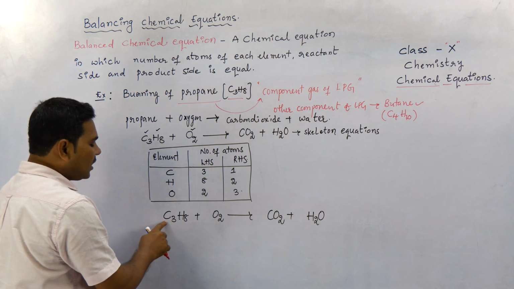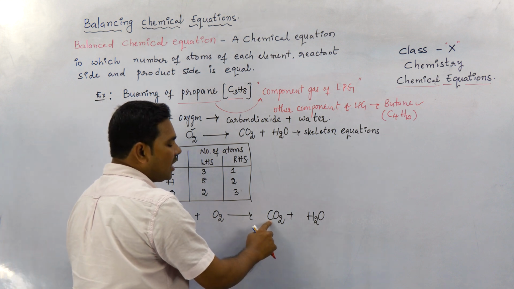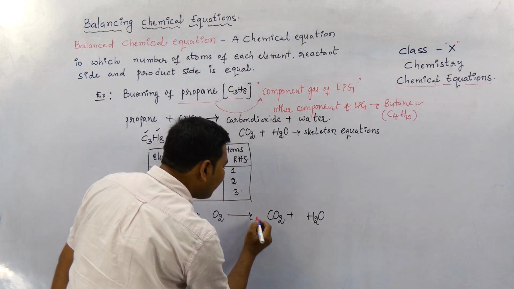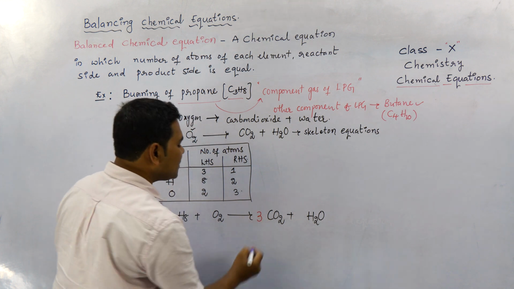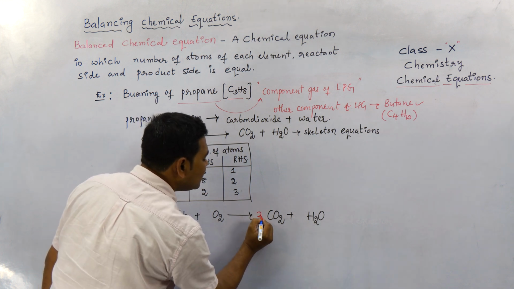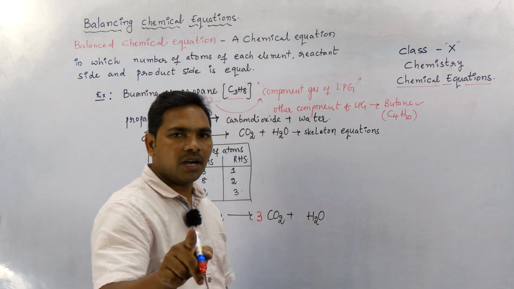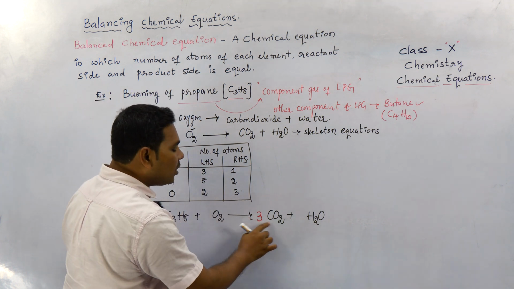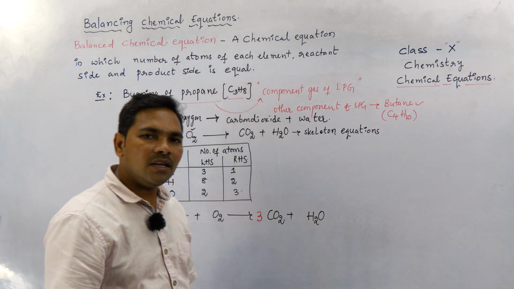We have 3 carbon atoms on the left hand side, and on the right hand side there is only 1 carbon atom in CO2. If I take 3 CO2 molecules, they contain 3 carbon atoms, yes or no? One CO2 molecule contains 1 carbon atom. If I take 3 molecules, it contains 3 carbon atoms, right?